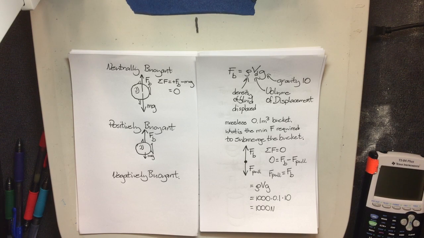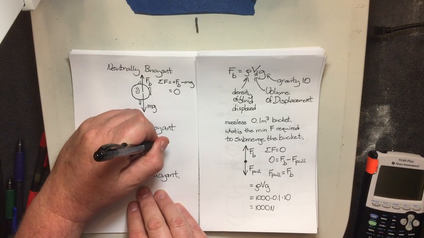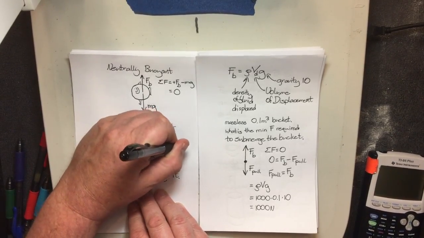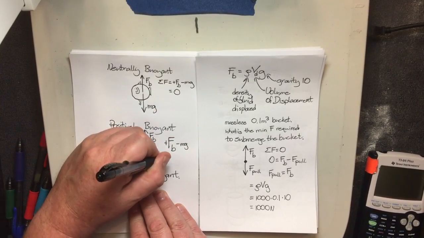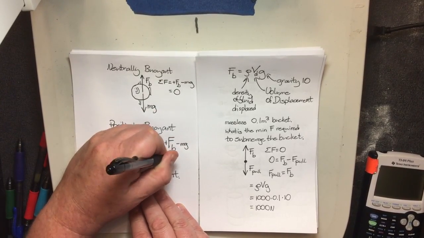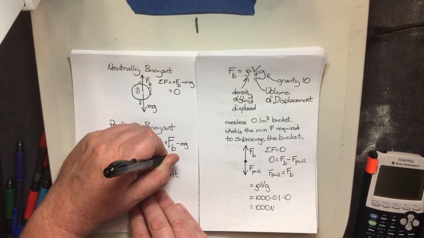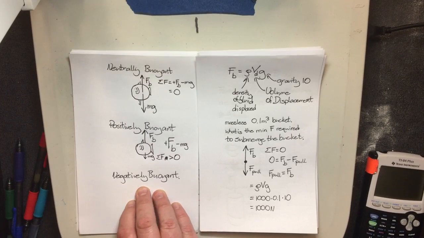So its effective mass is reduced. So this big FB minus little mg means that the sum of the forces is greater than 0.